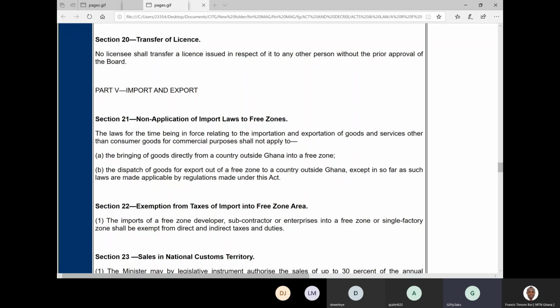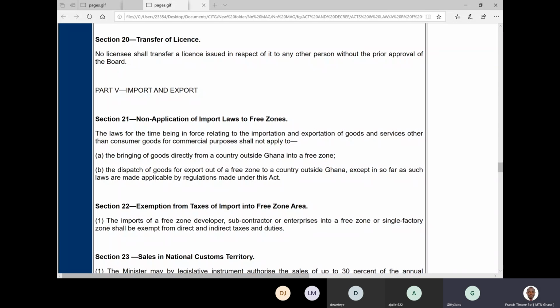3. Damaged or rejected goods or samples may be sold by the free zones and single factory zones to the National Customs Territory, and the goods shall be considered as part of the 30% of annual production of the free zones and single factory zones authorized to be sold to the National Customs Territory and are subject to the applicable duties and taxes. Good. So imagine you have not fenced the area.